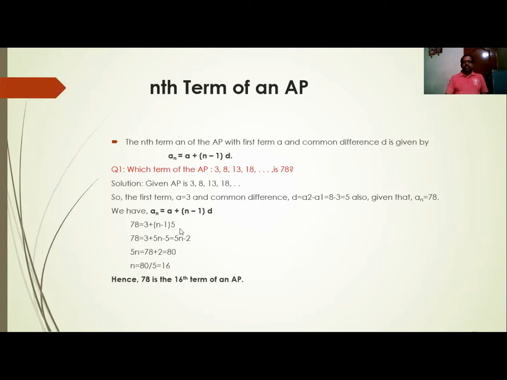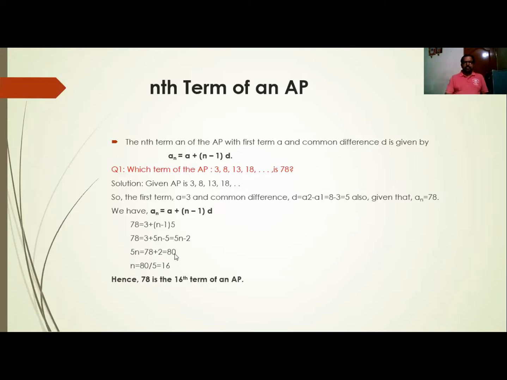What is d? d is equal to 5, we got it here. Substituting this and simplifying, see the calculation part, it finally gives us the value of n equal to 16.